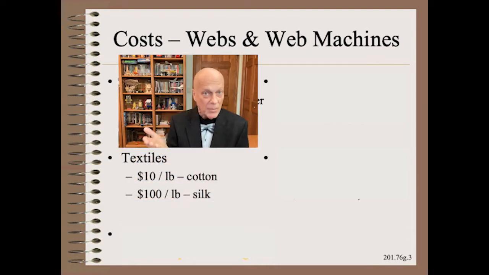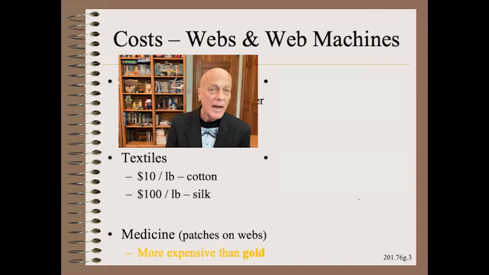As an example of more expensive webs, I offer textiles that can go for $10 to even $100 per pound on eBay and Etsy. Of course, that is by no means the most expensive webs. There are probably medical patches where the medicine itself can be more expensive than gold per pound.